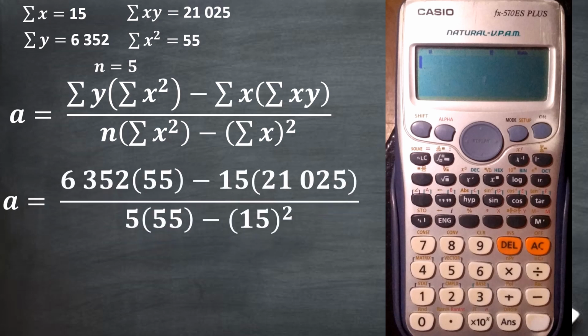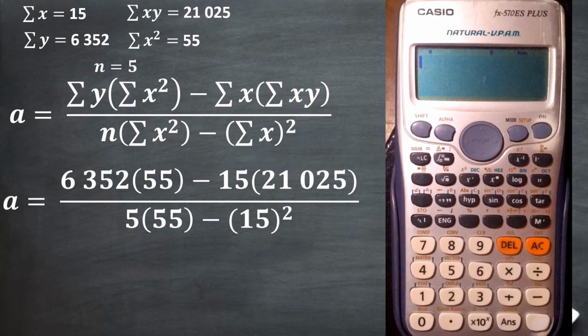Substituting the values, we will have 6,352 multiplied by 55 minus 15 multiplied by 21,025, all over 5 times 55 minus 15 squared. I highly discourage you from directly solving the values for A, since sometimes the values for the summation are numbers with a bigger value.